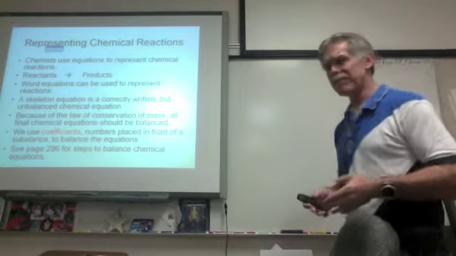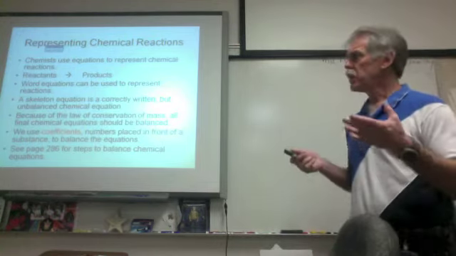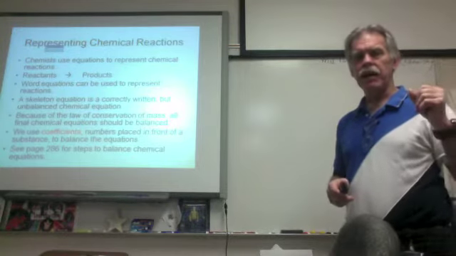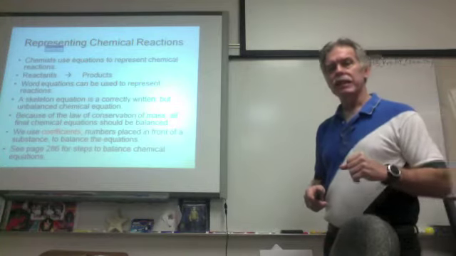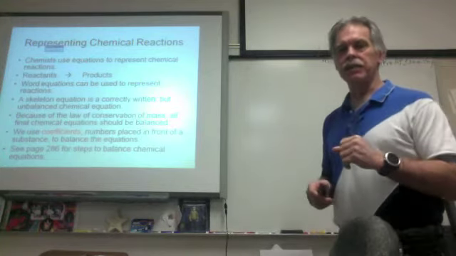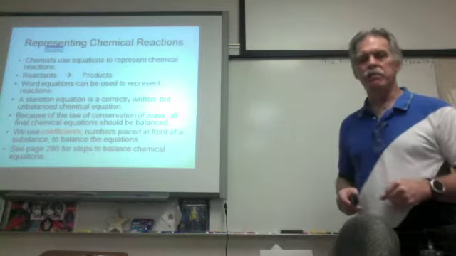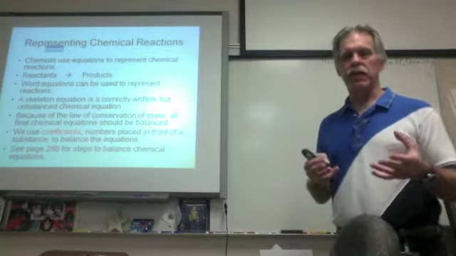We can have several different types of ways to communicate equations. One of them could be word equations. So it might say aqueous hydrochloric acid plus solid magnesium produces gaseous hydrogen and aqueous magnesium chloride. That would be a word equation. We're telling you the states of matter.